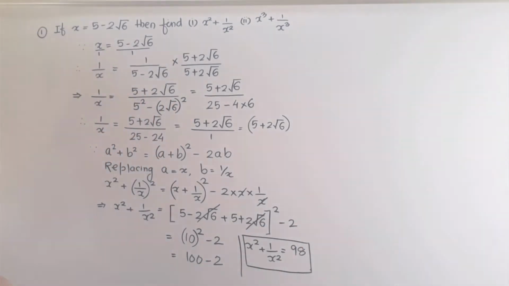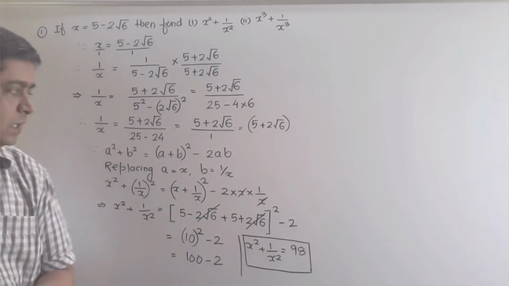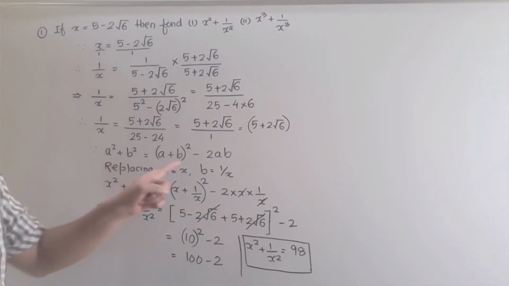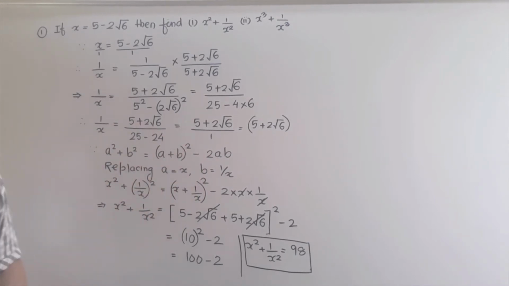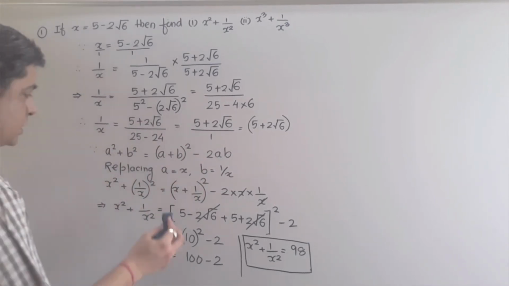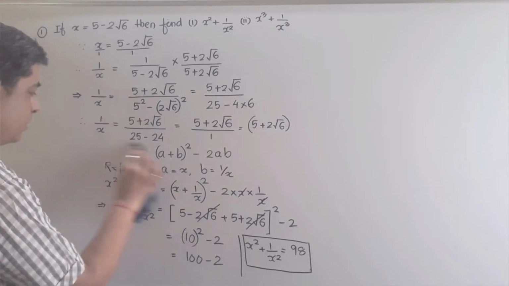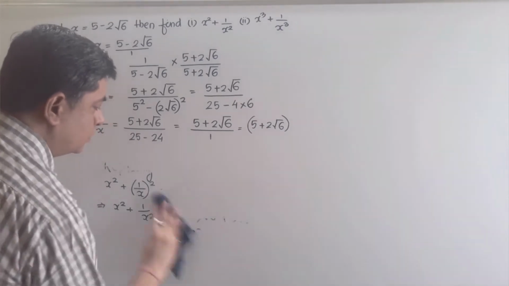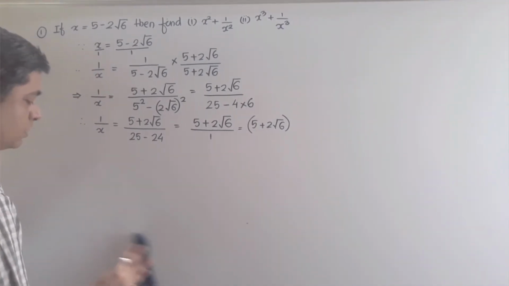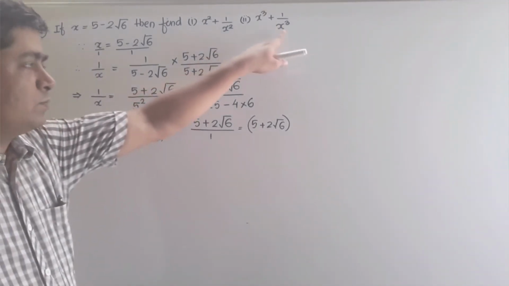Let us see. Here I will make some changes in the formula. The formula I have written here. Now in this formula only the changes need to be done. So let us see what changes we are making here. First of all, I will rewrite the formula. So we need to find out now the value of x cube plus 1 upon x cube.